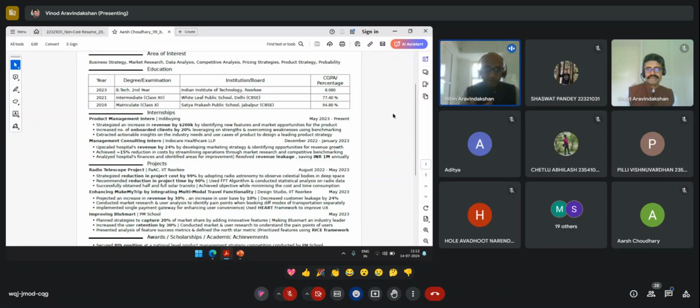So firstly, when I look through the resume quickly, right, it's a product management intern, there is a management consulting intern. Consulting intern is good because again they are client facing roles, so that's good. Okay, there's a bunch of different projects, and I do not like the name that the projects are given. I'll come to that.